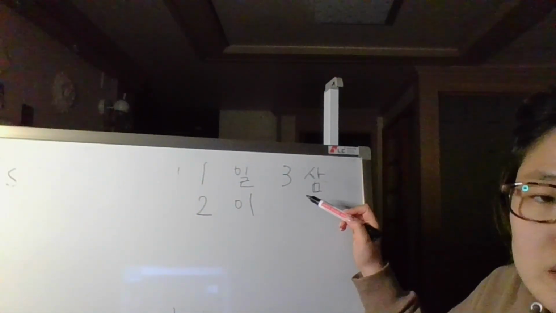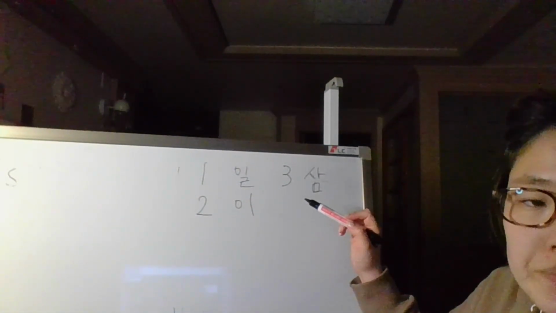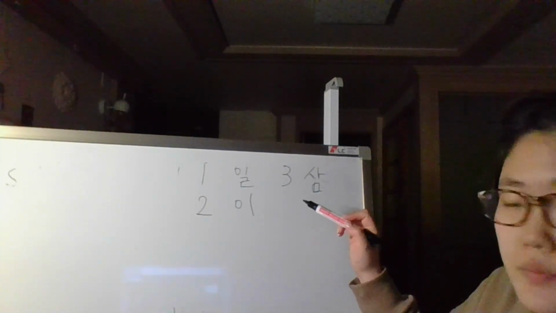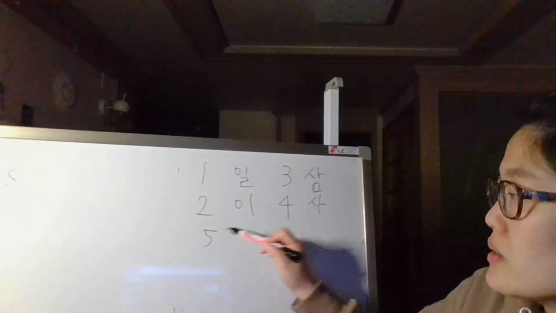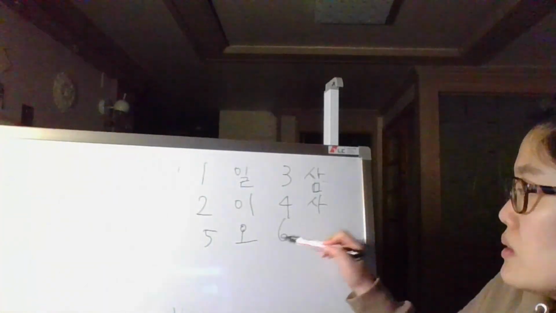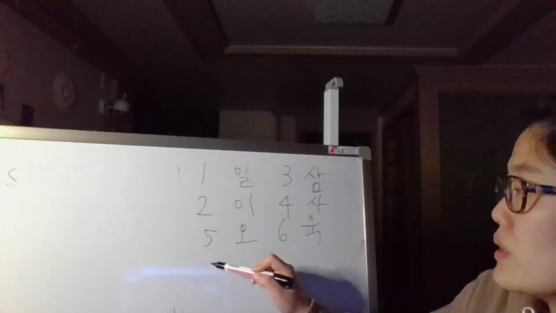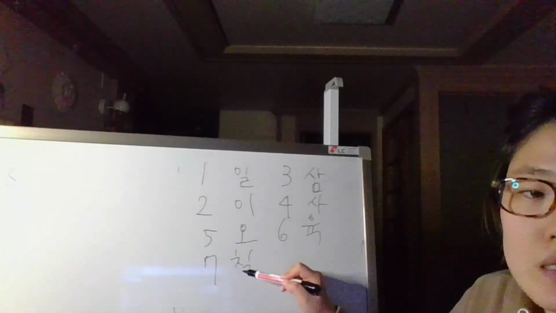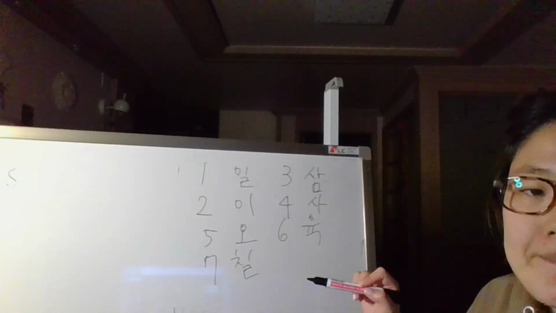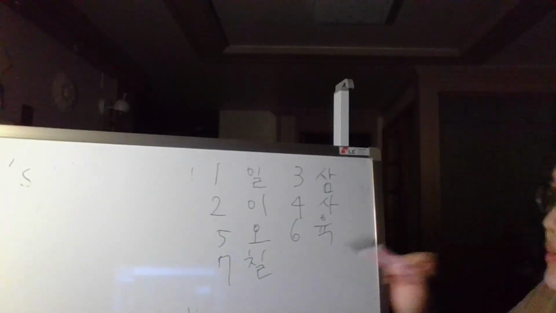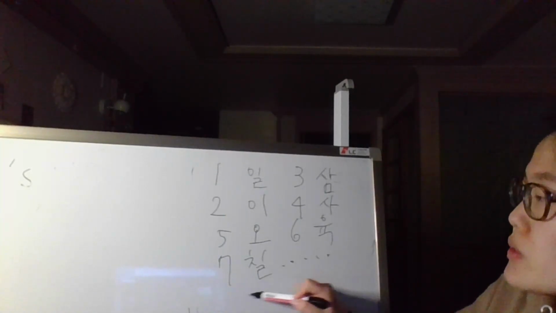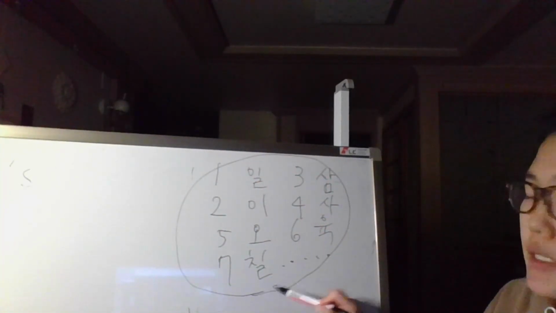This is sa, and this is o. This is yuk, and this is chil. So you should memorize everything.